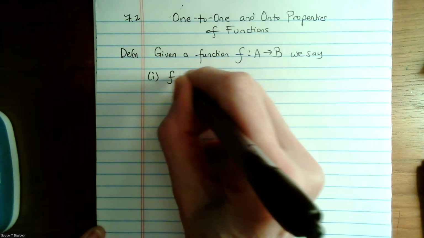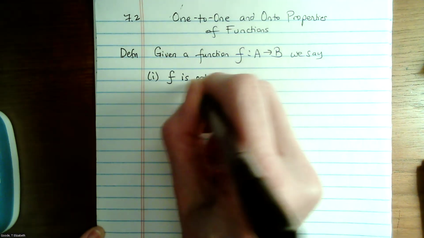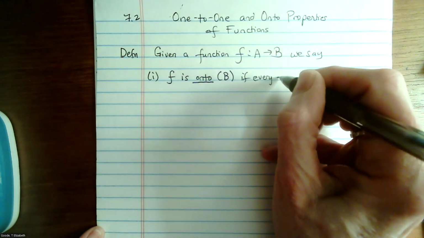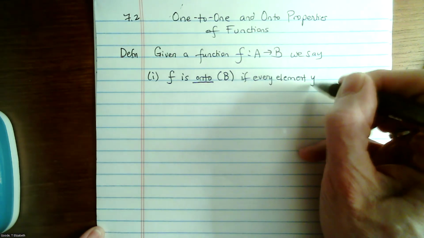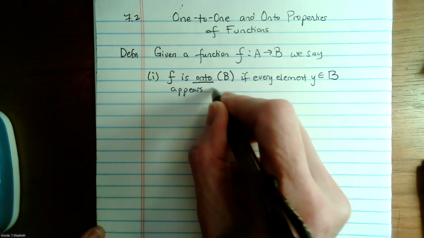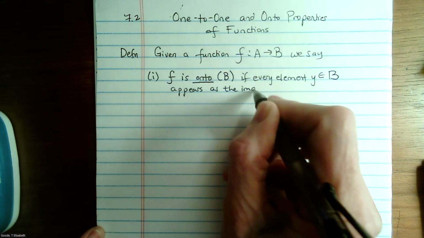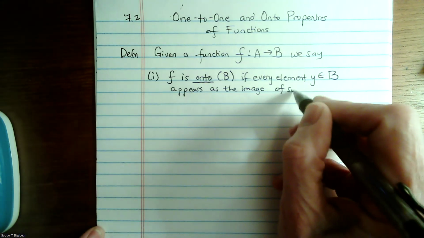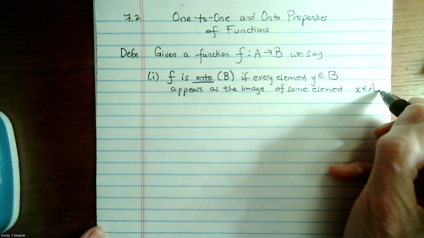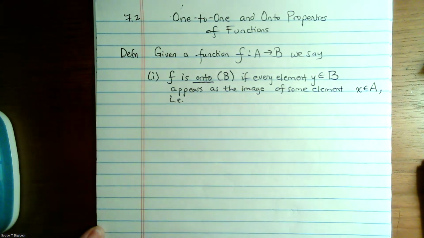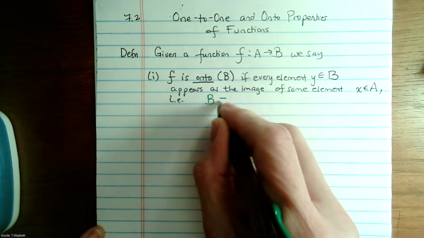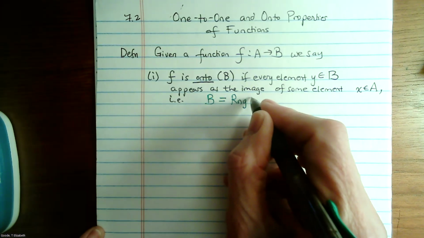We usually just say f is onto, but it's actually onto the codomain B if every element little y in B appears as the image of some element little x in A. That is, if you want to think about it in terms of the range, B, which is the codomain, is actually equal to the range of f.